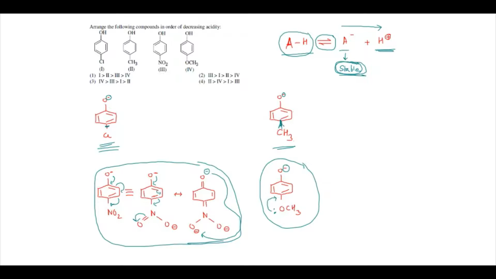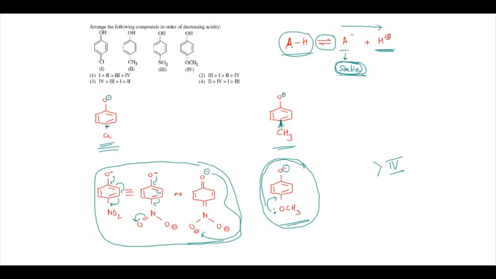So it is not going to stabilize the system, but it will work in the opposite way, it is going to destabilize the system, and this destabilizing effect is very prominent. So, our option 4 will be the least acidic one, because the conjugate base is the least stable one.